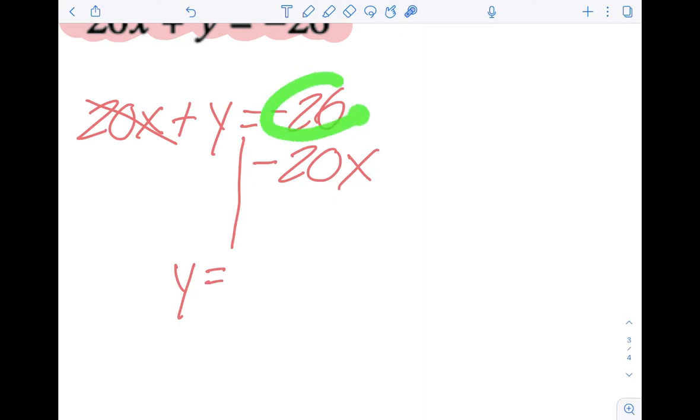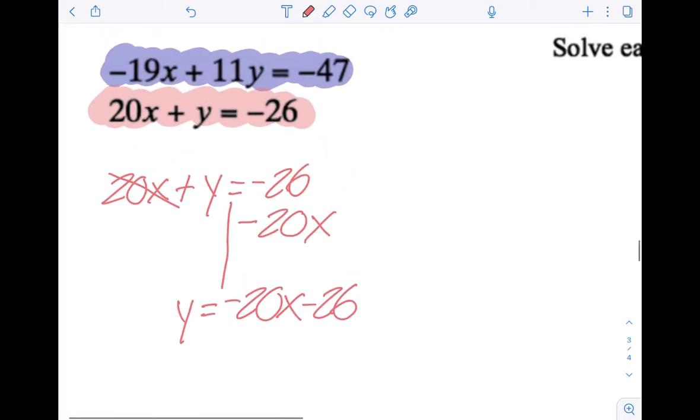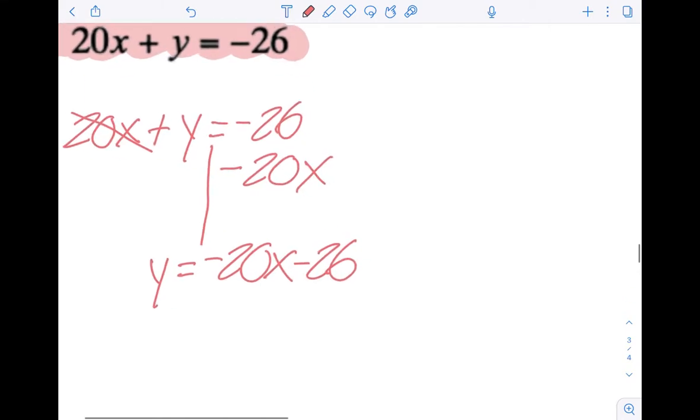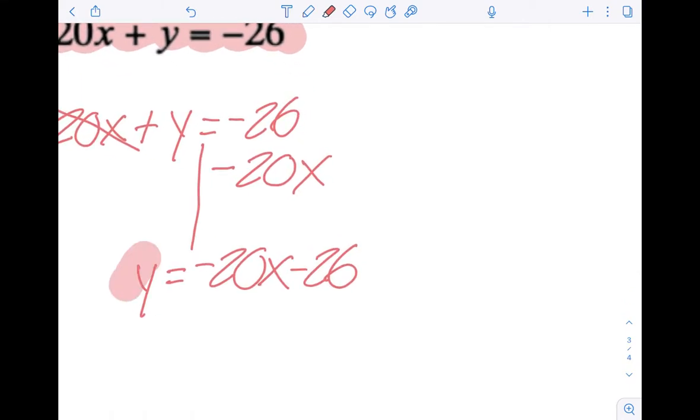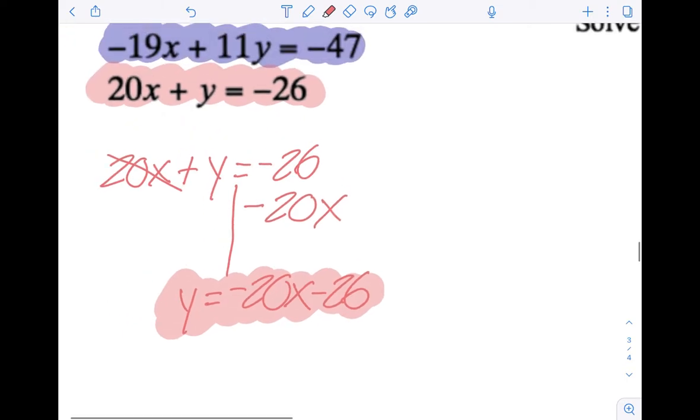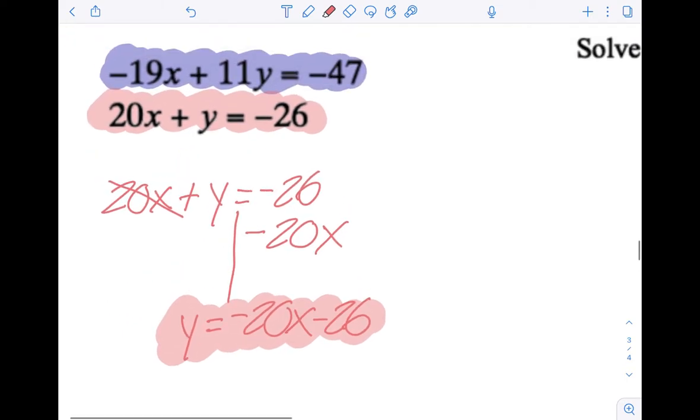This is negative 26 and this is negative 20x. This has an x and this doesn't, so I can't subtract them. I'm just going to put them next to each other: negative 20x minus 26. And look at that, that is my new pink equation.